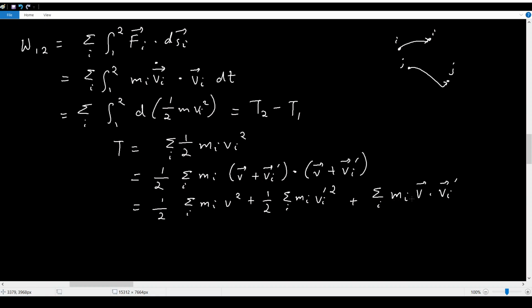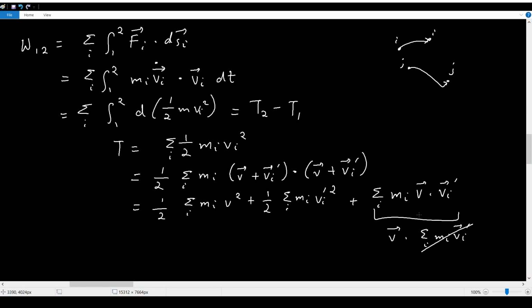Now, you can write this as v dot summation over i of mi vi prime, and this is of course zero from the center of mass being 0 in its own reference frame.